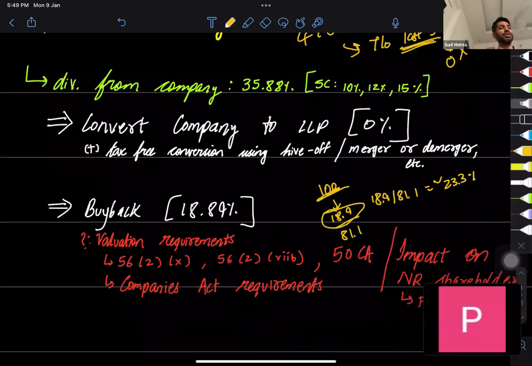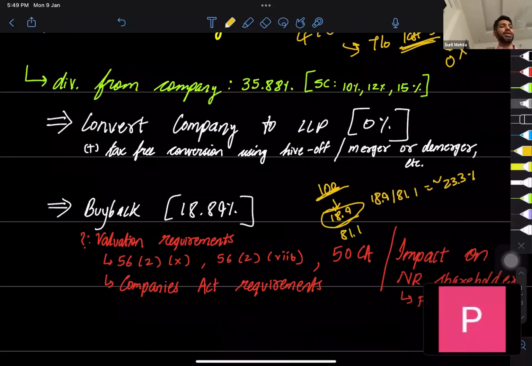Because 56(2)(x) applies when there is a receipt of shares. Here, the company is not getting shares, the company is destroying the shares. So because it's a case of destruction of shares, 56(2)(x) doesn't apply. 56(2)(viib) obviously applies for issuance of shares, and 50CA applies when there is a sale or transfer of shares. So here it's actually a transfer of shares because it's an extinguishment.